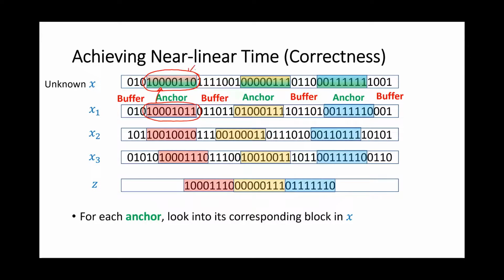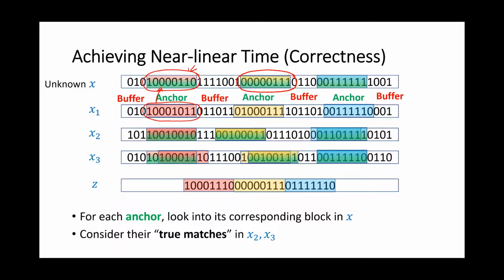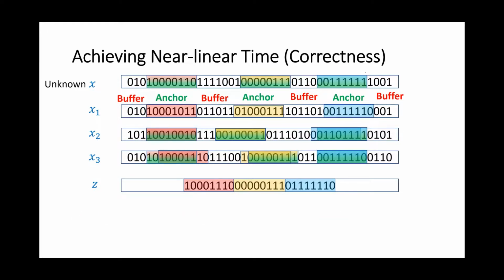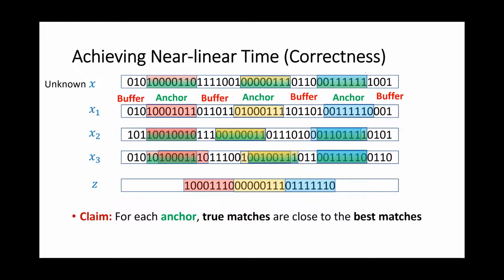Now for this particular block, let's see what are its corresponding blocks in x2 and x3, which we refer to as true matches. Say these are. So for this one, these are the true matches. And then for the last one, these are the true matches. What we want to claim is that for each anchor, these true matches are actually very close to the best match.